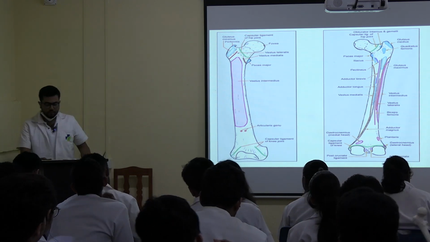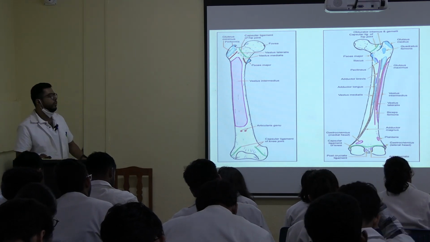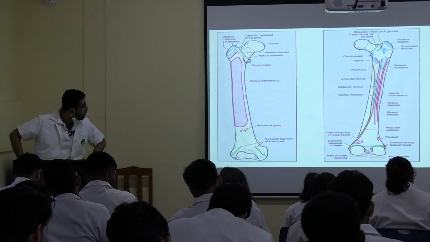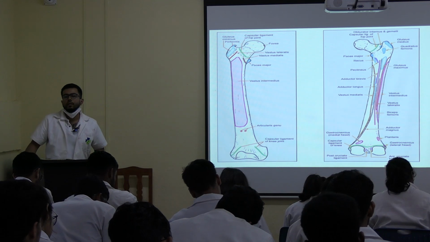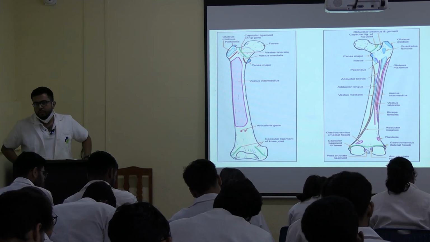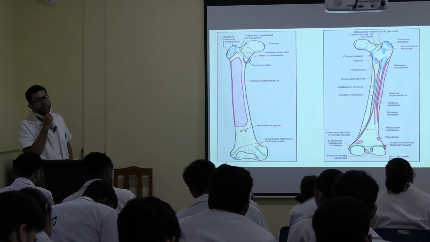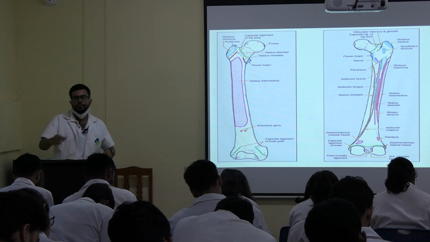Vastus medialis takes the same linear origin starting from the lower end of intertrochanteric line. Then on the back, on the spiral line. Then on the medial lip of linea aspera.